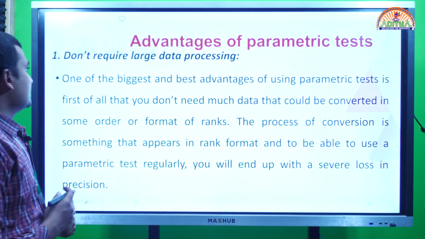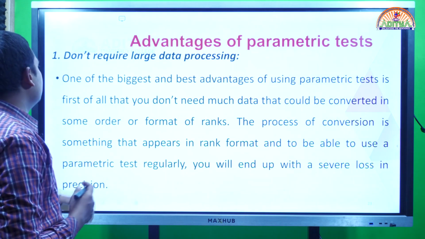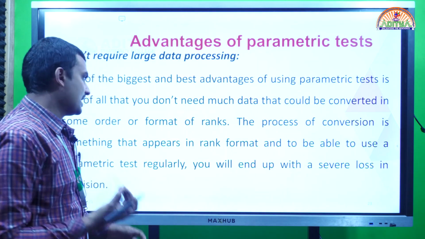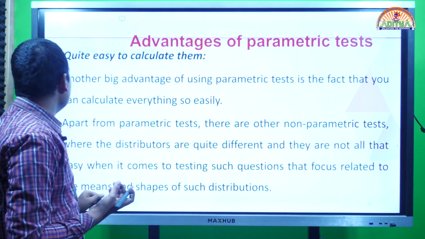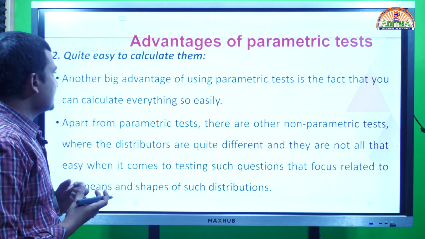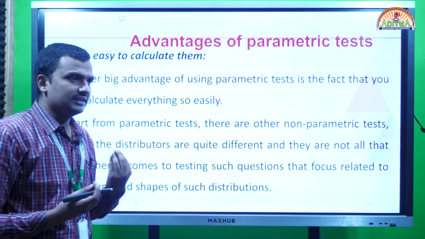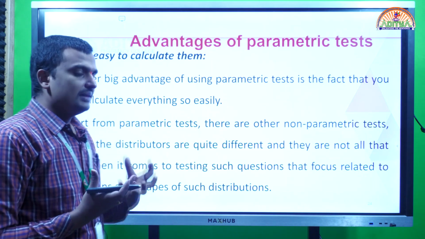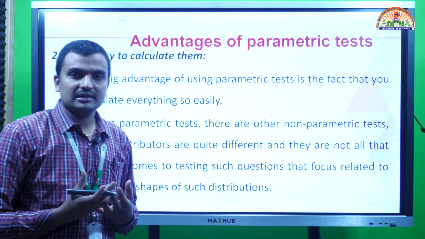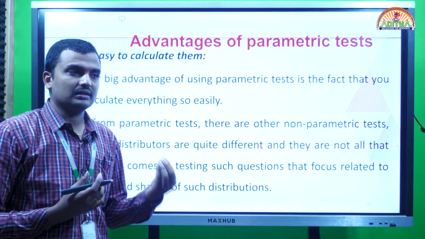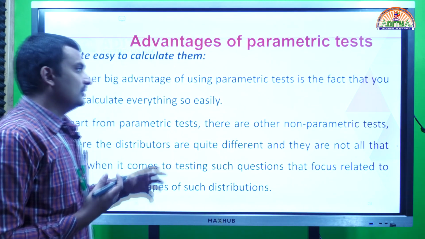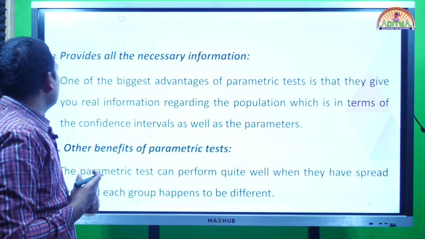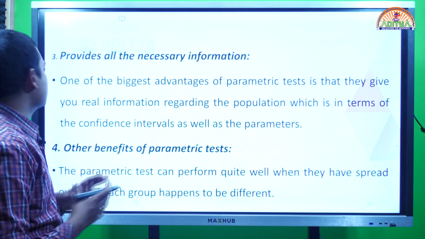And the advantages of the parametric tests are that they do not require large data processing, so they require a small sample size, and they are quite easy to calculate. For example, if you take the t-test or chi-square test, we can easily calculate the test statistic or the t values based on simple calculations, and they provide all the necessary information.